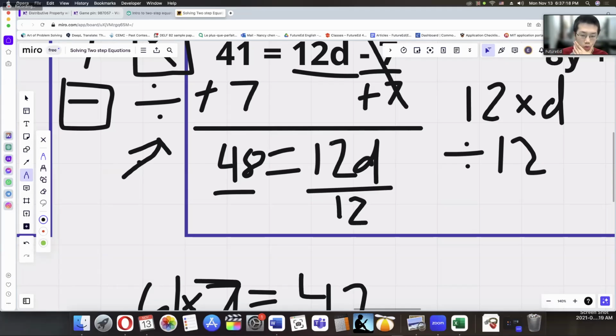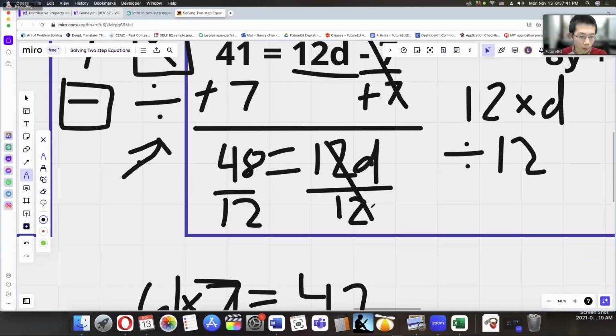Did you just do 12 divided by 12 is d, so d equals 48? Does that work? No. Why not? It looks perfectly fine. Well, what's wrong? Because on the other side, we have to divide by 12. Exactly. So whenever you do something to one side, you've got to do it to the other.